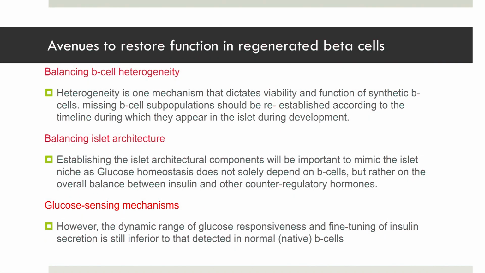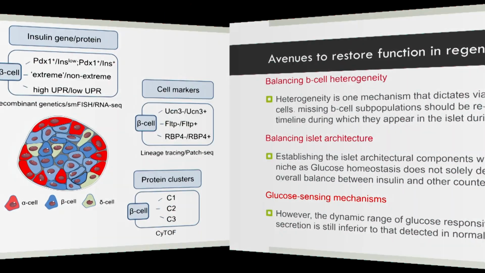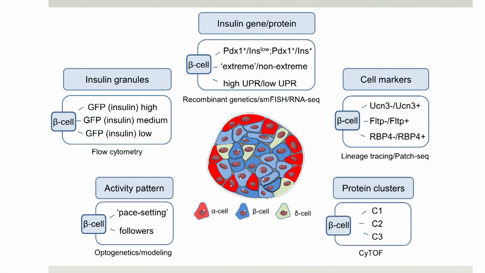But we have lots of challenges in making the regenerated cells function properly. So you have various avenues to restore the function in regenerated beta cells. One such hypothesis is that we are not able to balance the beta cell heterogeneity. What exactly is beta cell heterogeneity? When you stain your beta cells with insulin granules, some beta cells could stain high, some medium, some low.